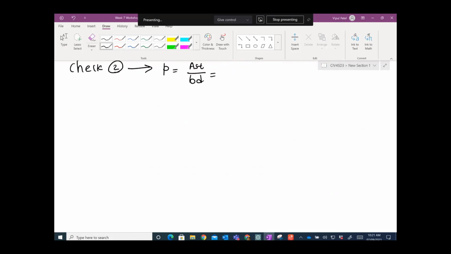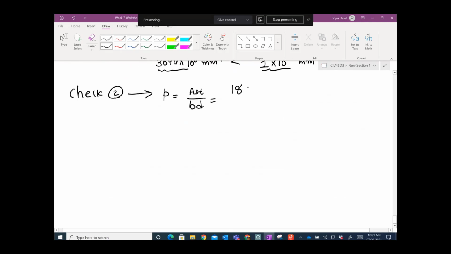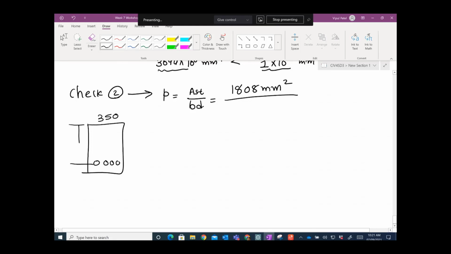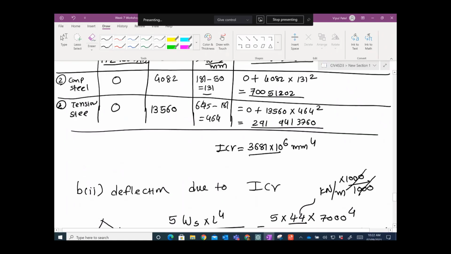you have 1808 millimeter square over BD. You have these values here, 350 in width, and here is 645. So you have 350 times 645 millimeter square. 640, by the way, is given in our example.